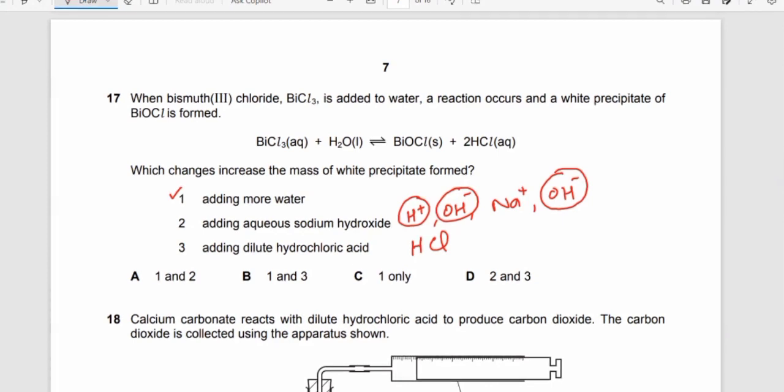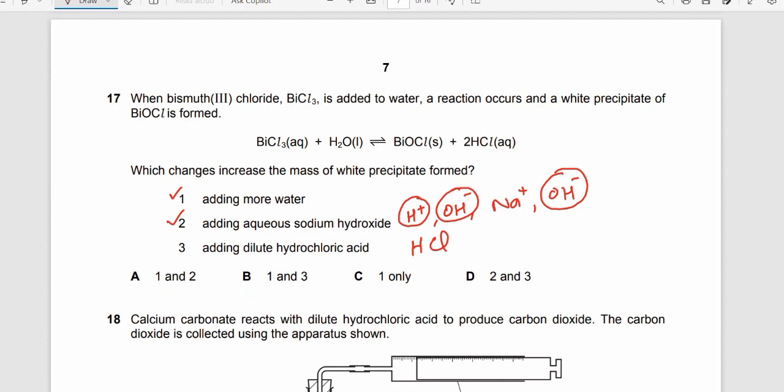In this way, the reaction is shifted towards the right, because of the common ion effect. What is the common ion effect? It means the concentration of water, you can say simply, is increased. And secondly, the OH from the sodium hydroxide also comes here. So in this way the concentration is increased, so it shifts to the right, and more precipitate of bismuth oxychloride is formed.